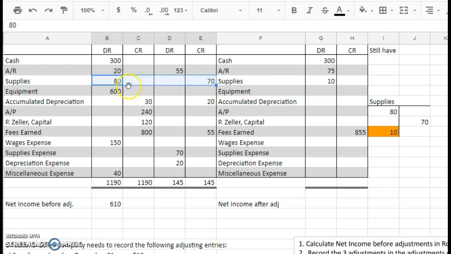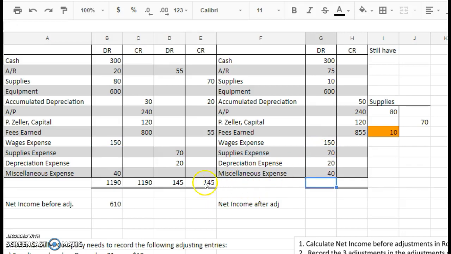Here, like I said, debit, credit, now you subtract to get 10. 600 debit, we didn't do anything to that. A credit and a credit. Accounts payable, we didn't do anything to. The capital, we didn't. Credit, credit gets added. Wages expense, nothing. Supplies, now be careful. That is in the debit column. Sometimes it looks like it's in the credit, but it's not.